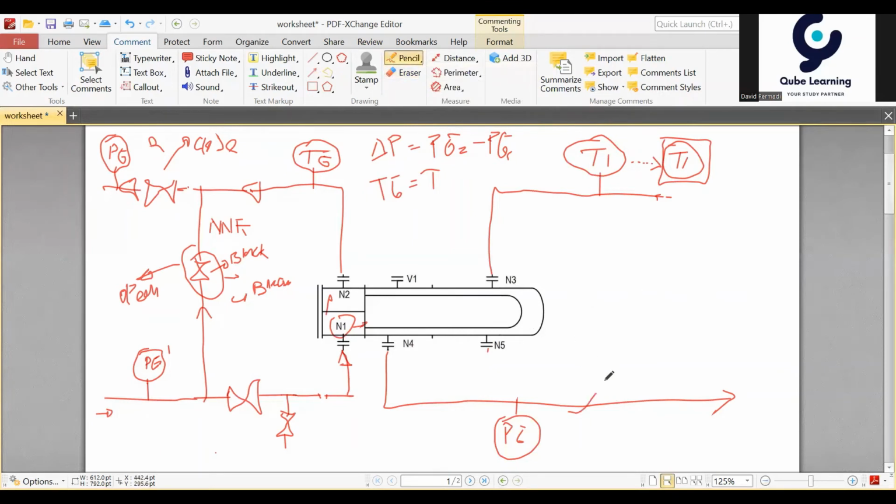Then we can also put it as the TI here. So we have to send the signal of the TI to the central control room, so the operator can observe via the control room whether the TI is in a problem or normal condition.